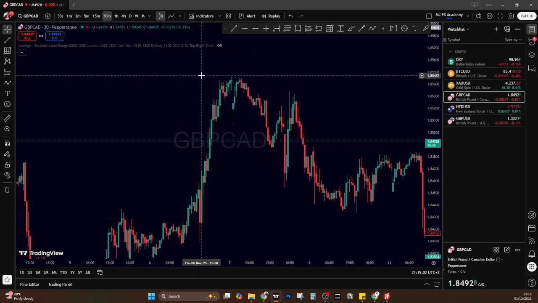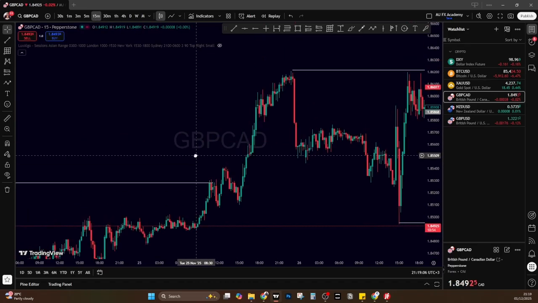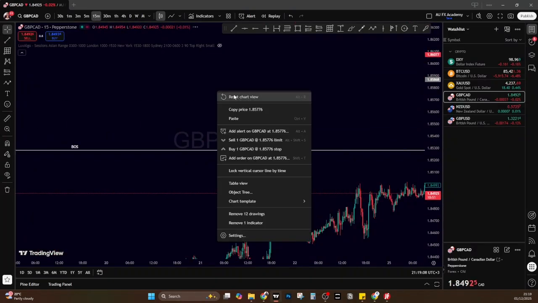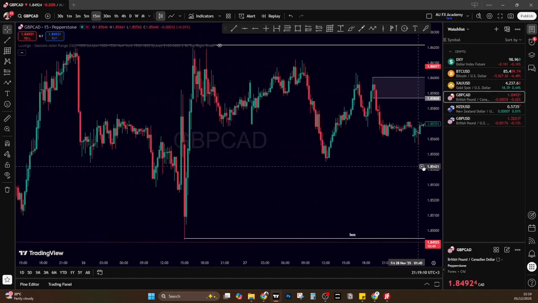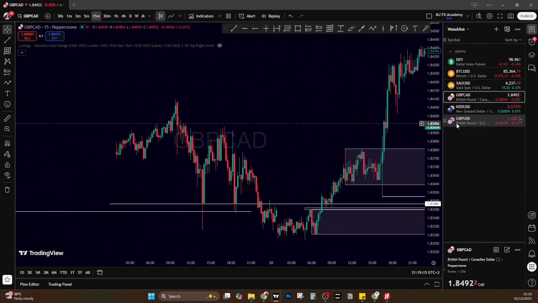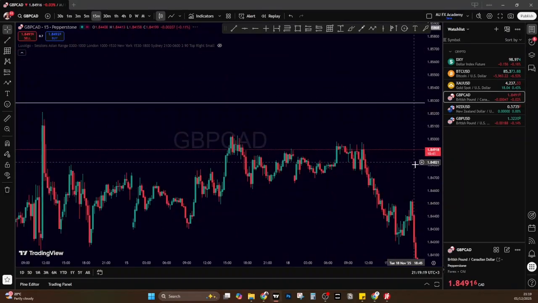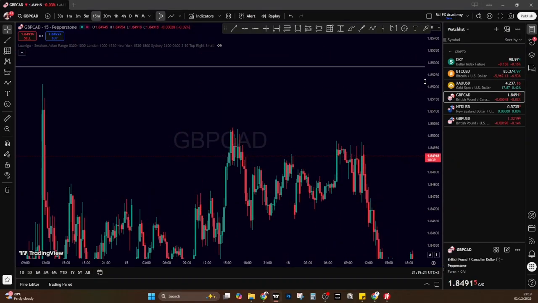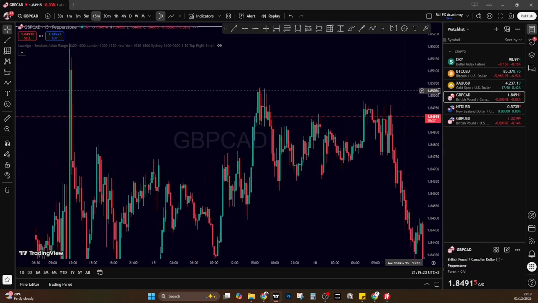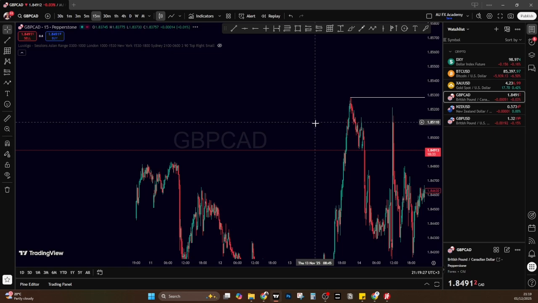Now for you to see QML, you have to use the line chart. I think this is where we were, if I'm not wrong.